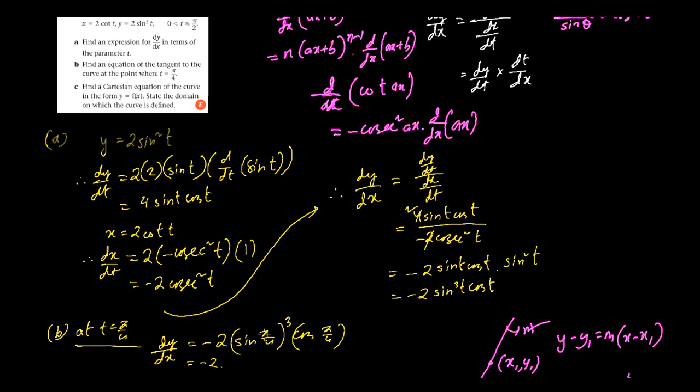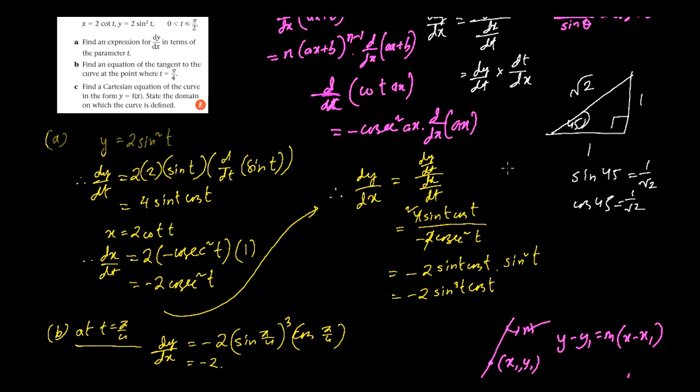So minus 2, again from a triangle we can easily see, this is a C2 rule, if this side is 1 and this is 1, the Pythagorean theorem says the hypotenuse is square root of 2, and this angle is 45 degrees. So sine 45 degrees, meaning pi by 4, is opposite by hypotenuse, 1 by square root of 2, and cos 45 degrees is adjacent by hypotenuse, 1 by square root of 2. Pi by 4 means 45 degrees, 180 by 4 means 45 degrees. You have to memorize this. This is a rule from C2.